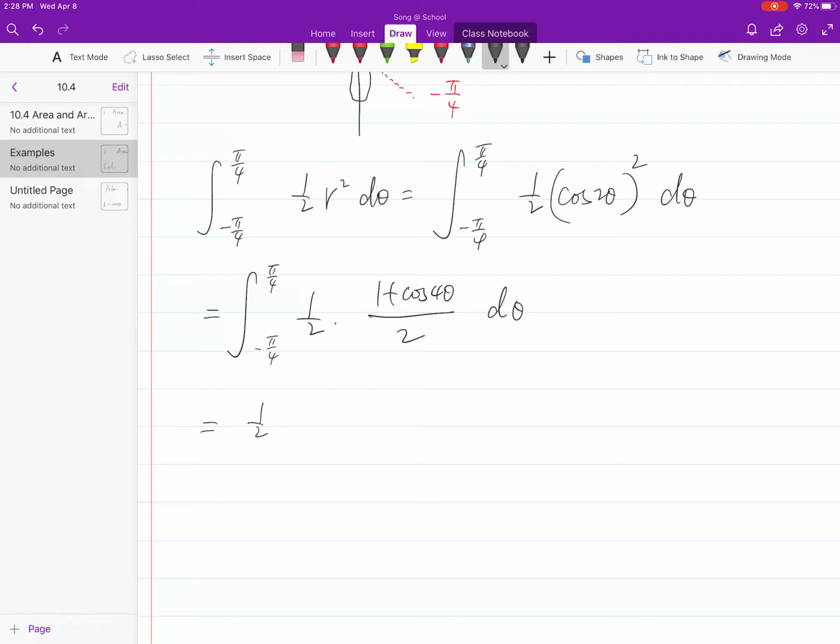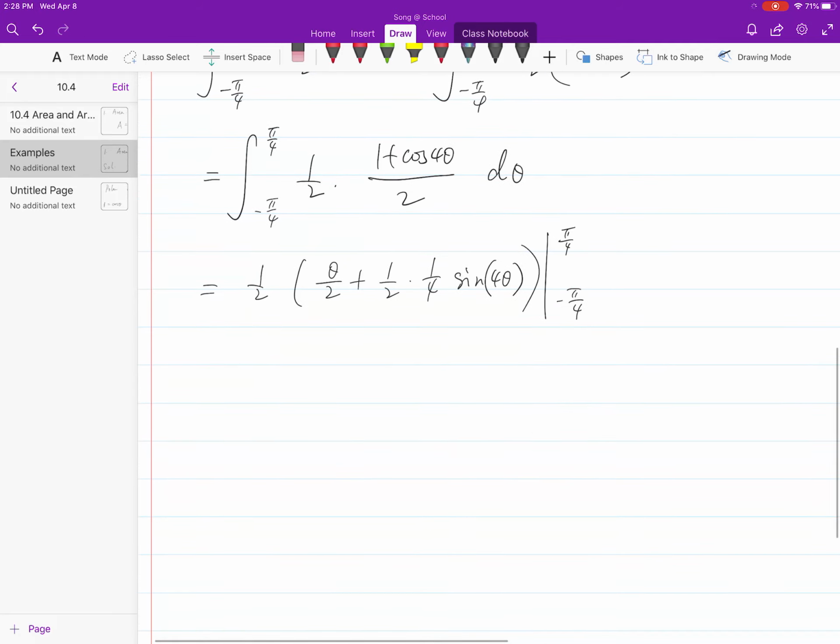Let me just take the 1/2, just to make sure. Let's plug in pi over 4 and negative pi over 4. So if you plug in pi over 4 and negative pi over 4, what you have here is going to be sine 4 times pi over 4, sine pi or sine negative pi. Both of them go to 0. So the good news is no matter which one you plug in, this long part does not exist. Okay, it's just 0. It's not there.